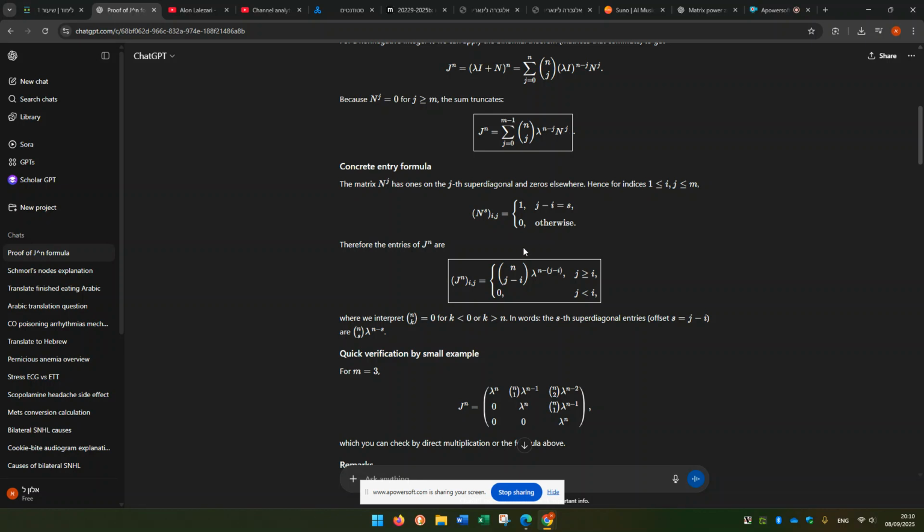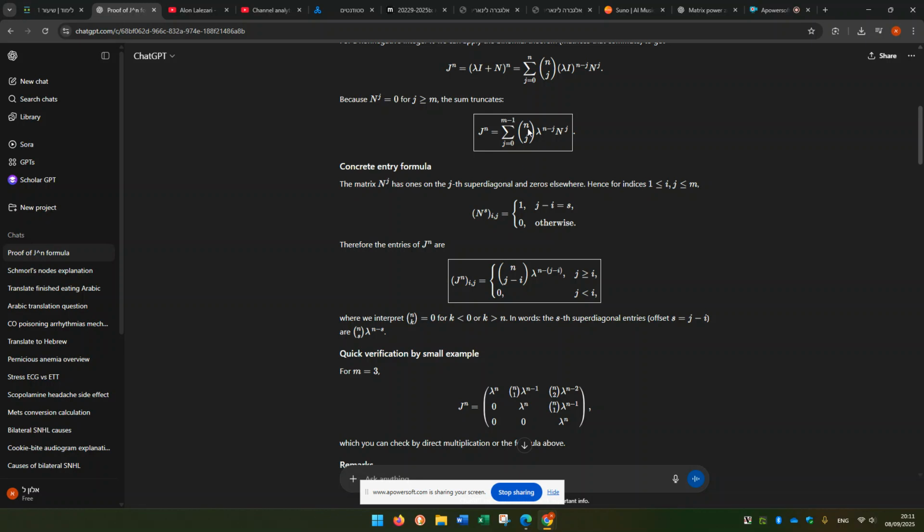So if we look at N to the power of 0, it's just lambda to the power of n minus 0, so lambda to the power of n, times n above 0, which is 1. And N to the power of 0 is just 1 on the diagonal. So we'll get lambda to the power of n times 1 times the identity matrix. So we'll get just lambda to the power of n on the diagonal.